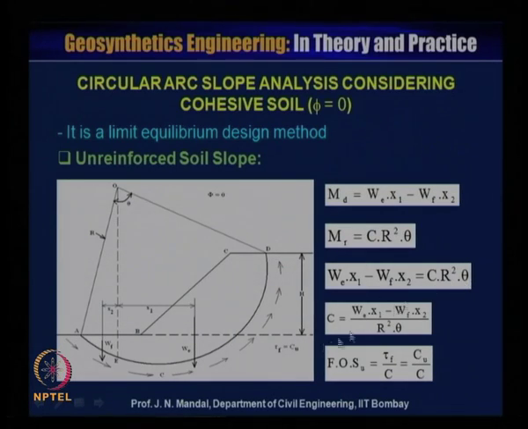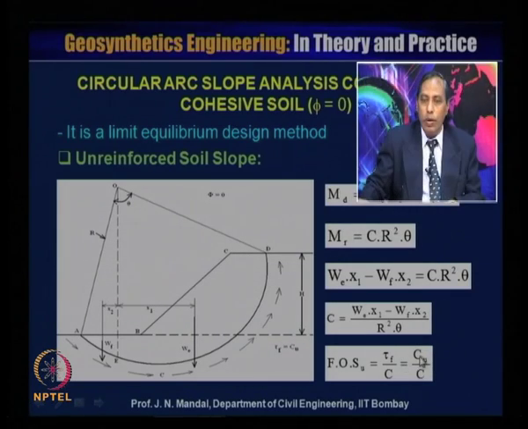So, from this you can calculate the C. C will be equal to W into x1 minus WF into x2 divided by R square theta. Now, you have to calculate what will be the factor of safety against this sliding. So, factor of safety will be tau f by C. So, tau f means Cu, because tau f is equal to Cu. So, Cu divided by C.